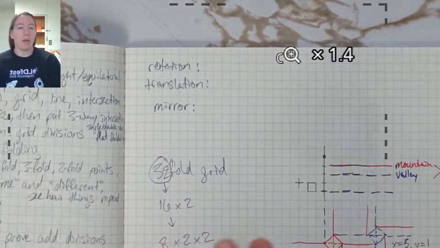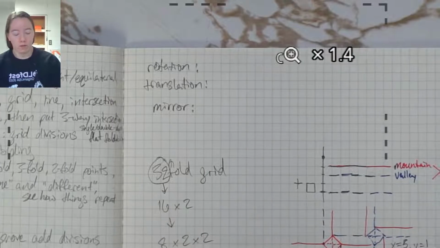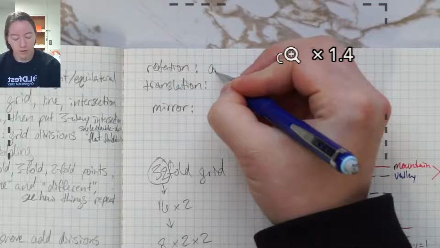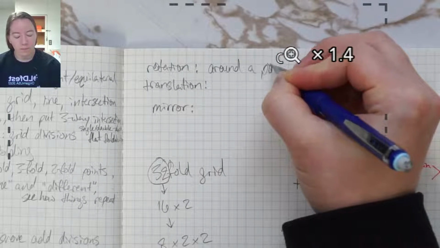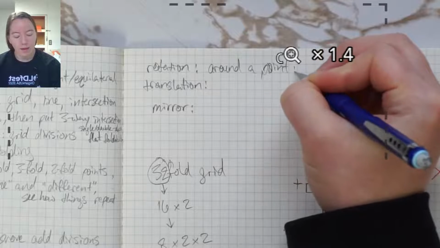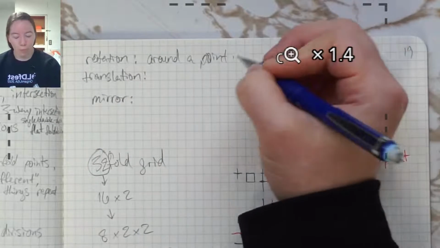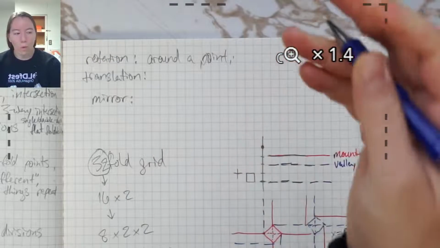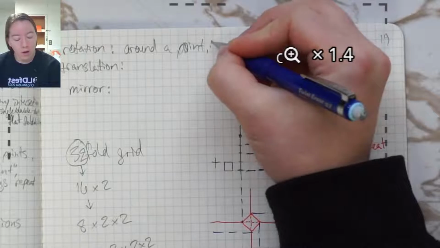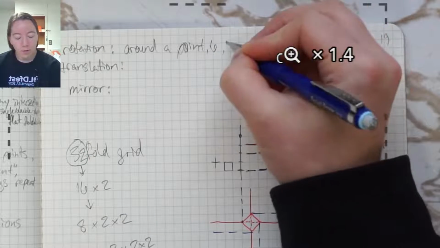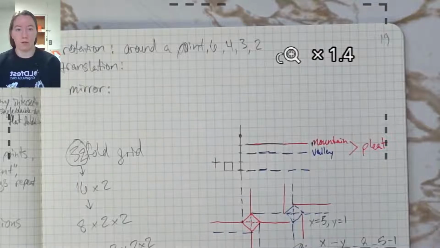And so rotation happens around a point. So rotation is around a point, and it comes in types. What we deal with in grid-based origami tessellations are 6-fold, 4-fold, 3-fold, and 2-fold rotations.